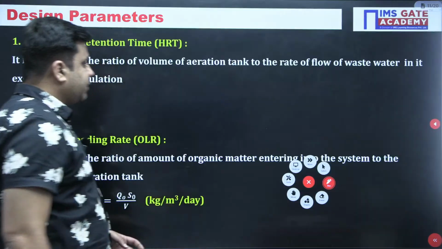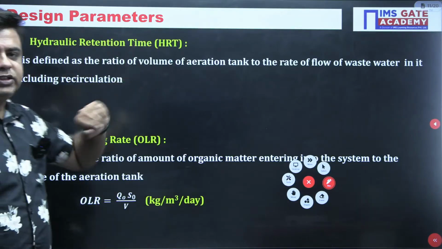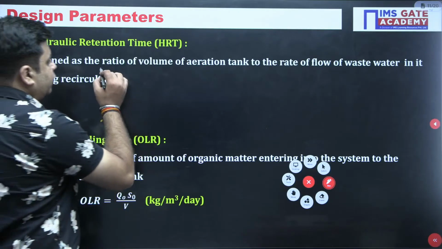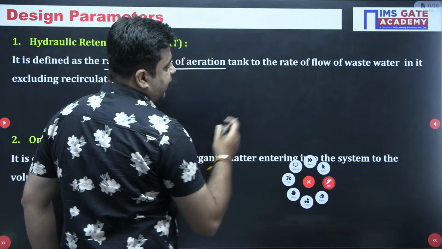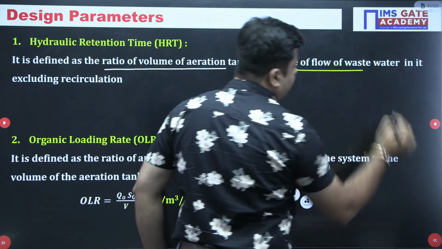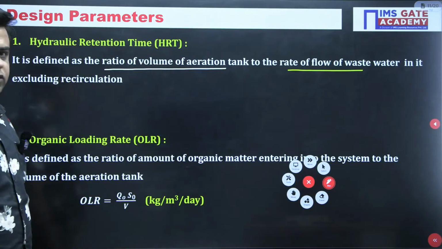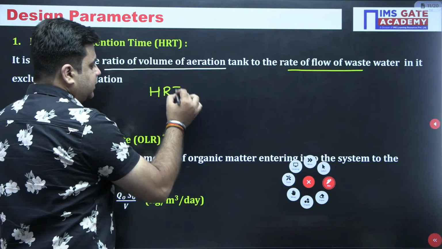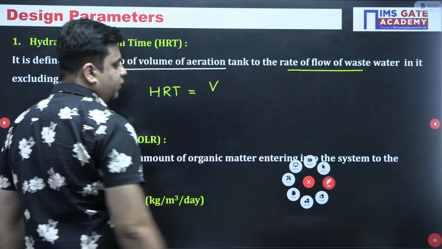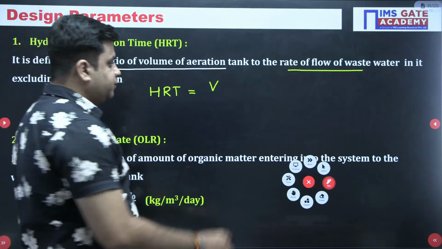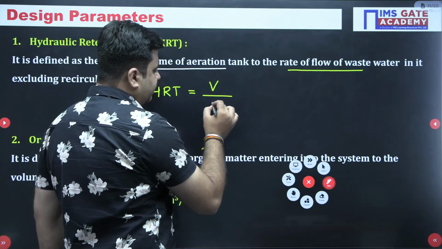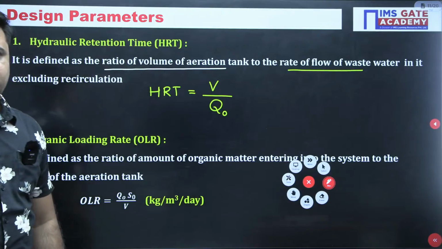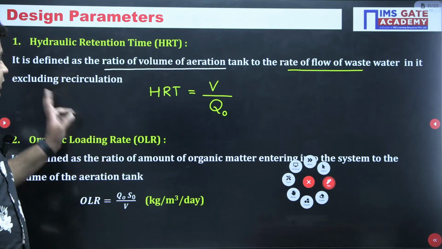The first basic parameter is known as hydraulic retention time. Hydraulic retention time, HRT, is defined as the ratio of the volume of the aeration tank, that is V, divided by the discharge of wastewater, that is Q naught, excluding recirculation.